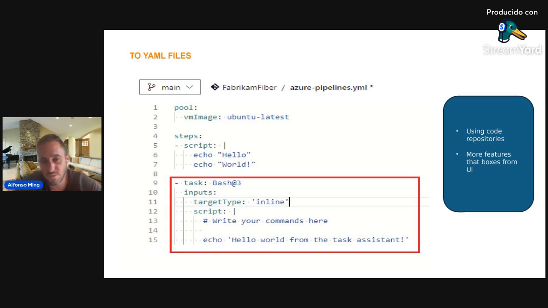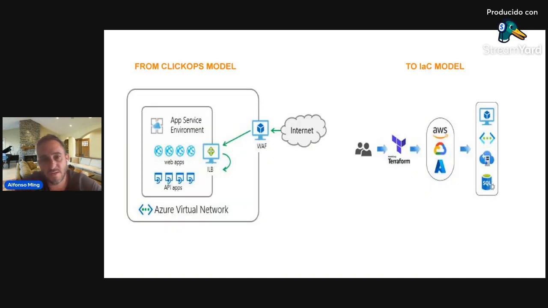So with this kind of pipeline, as you know, we migrated from a ClickOps model to infrastructure as code using Terraform, as I told in the previous slide. And we decided to deploy the product and its related infrastructure at the same time in the same pipeline, and it worked very fine for us for the last 2 years.